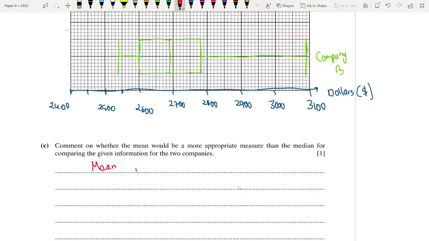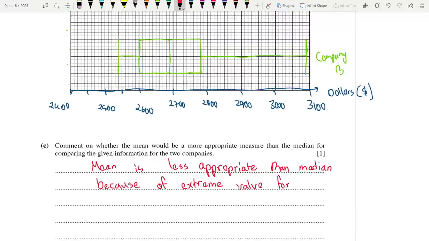So the mean is less appropriate than the median because of the extreme value for company B. Okay, that is what the mark scheme says, at $3090.